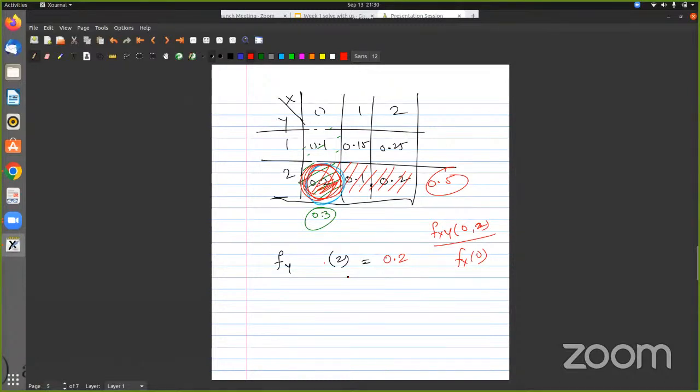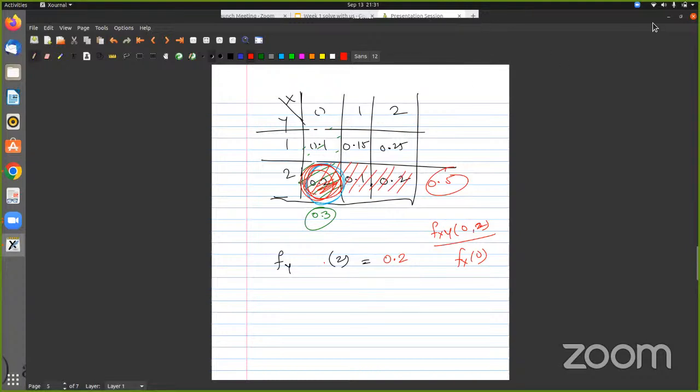One more thing: all these joint densities mean, for example, the probability of the occurrence of x equals 0 and y equals 2. It is an 'and', the intersection of these two events, x equals 0 and y equals 2. So what is the probability that these two events occur simultaneously, at the same time?